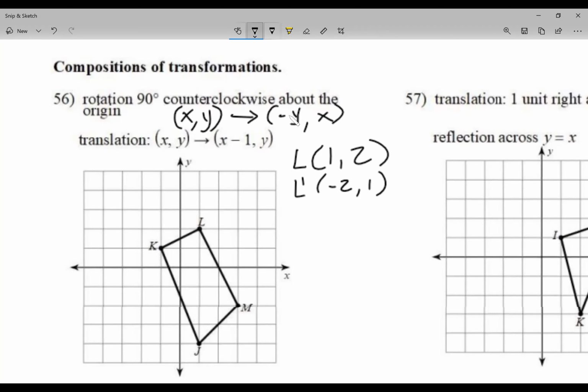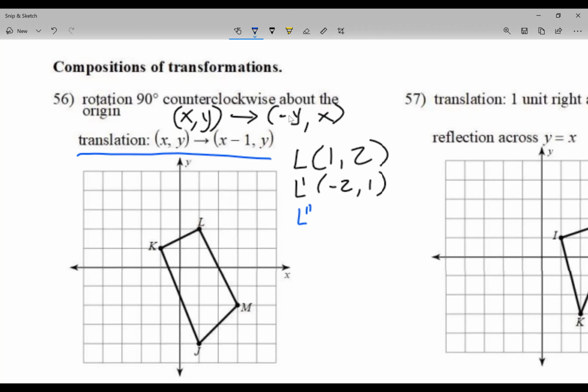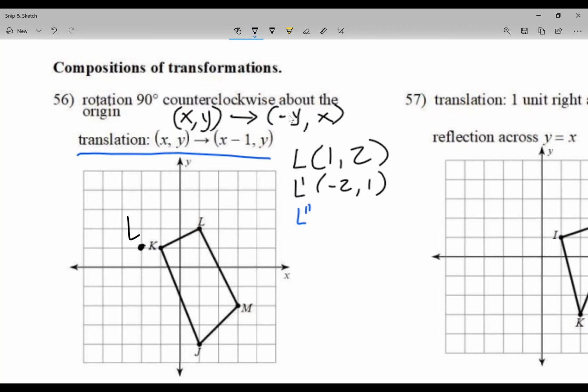But on the homework, I ask you for L double prime. So I have to do a second transformation. And I see here translation (x, y) goes to (x minus 1, y). If I had figures, I can easily plot my point, right? (-2, 1), I can easily plot the point. Let me plot that one in here. This is the point L prime.